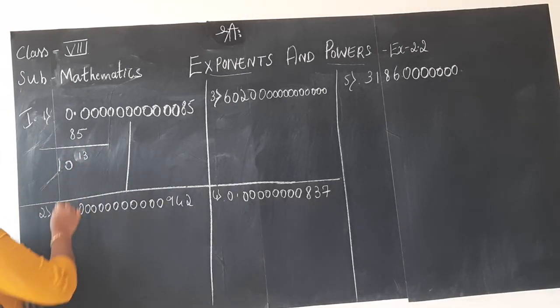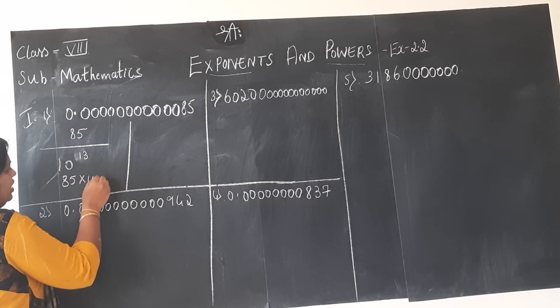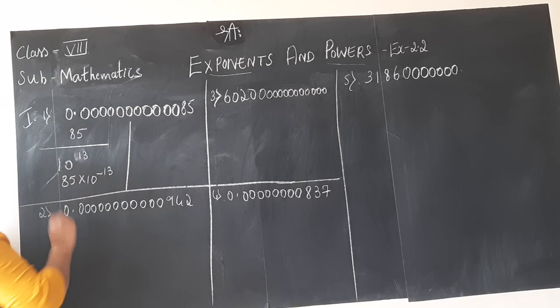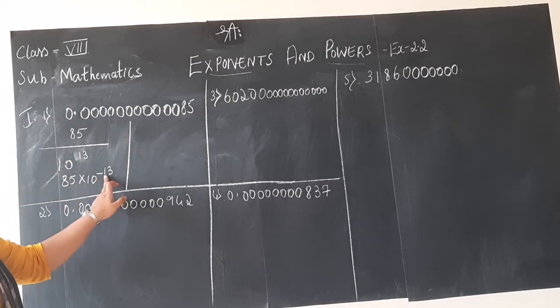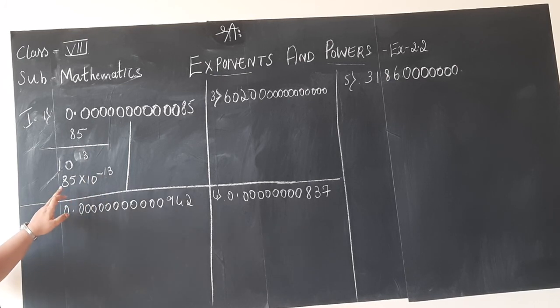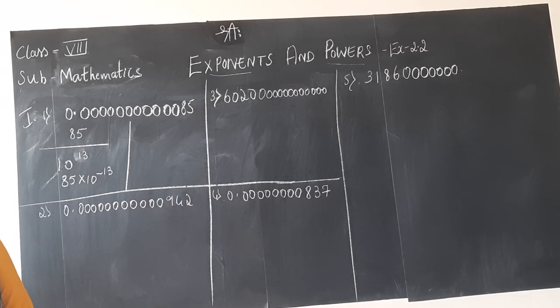When you send 10 to the power 13 to the numerator, it becomes 10 to the power minus 13. I said for a smaller number, a negative exponent comes. So it is 85 into 10 to the power minus 13.